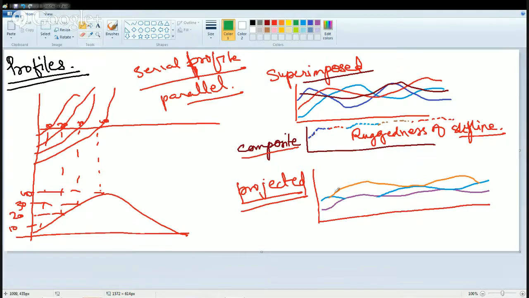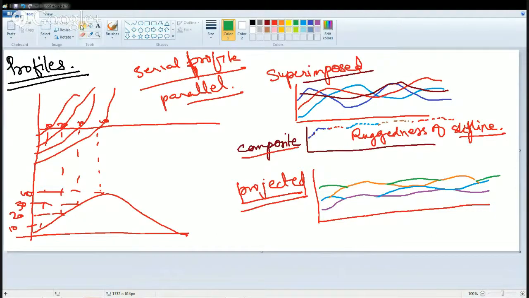So I would be drawing the last line. Now whatever is below the orange would be removed. So what is below the succeeding profile is omitted. So this would be removed, and again this section would be removed. So this is the final map that you will get in a projected profile.